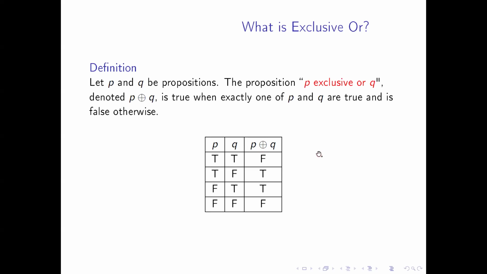We don't use this a lot because you can create exclusive or using conjunction, disjunction, and negation, a combination of those. So in reality, most of mathematical logic is based on conjunction, disjunction, and negation: and, or, and not.